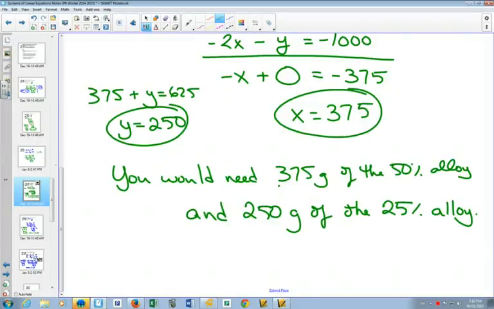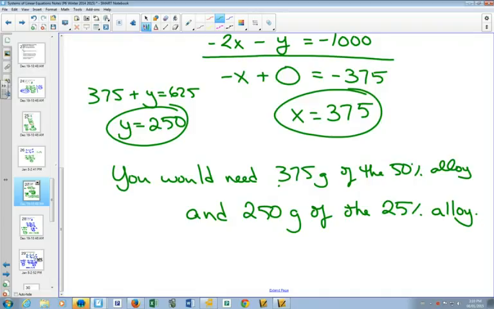A couple things to think about here. If you wanted 40% and you're using a 25 and a 50, does it make sense that you would need more of the 50? Because 40 is closer to 50 than it is to 25. So one thing to check with our answers, are we using more of the 50 than the 25? Yes, 375 grams versus 250.